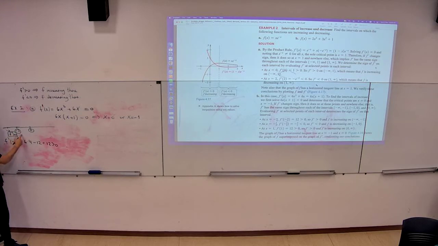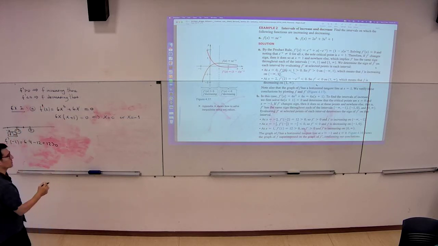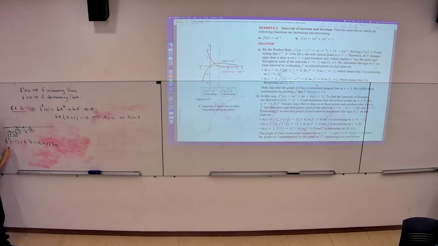What about the interval negative 1, comma 0? We need to grab one point here. What point? Let's grab negative 1/2. So we're going to compute f prime at the point negative 1/2.